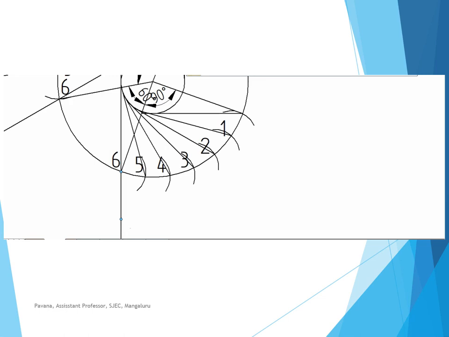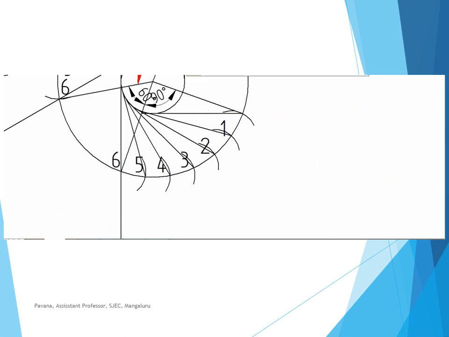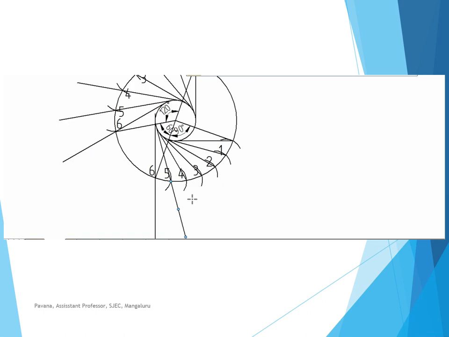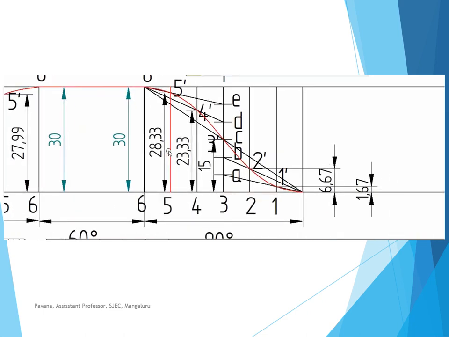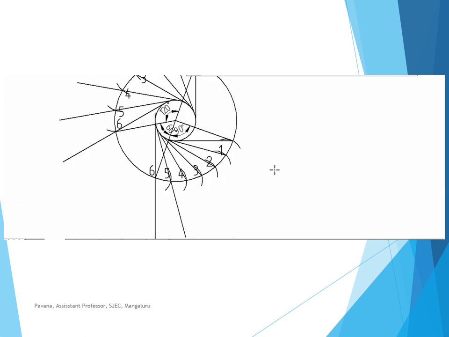Next, 28.33 for 5 dash. So join that 28.33 to here. Extend the tangent line. Next go for 4 dash. The length is 23.33. Join that 23.33. Same, the tangent line is extended. So this is in the offset type of problem.